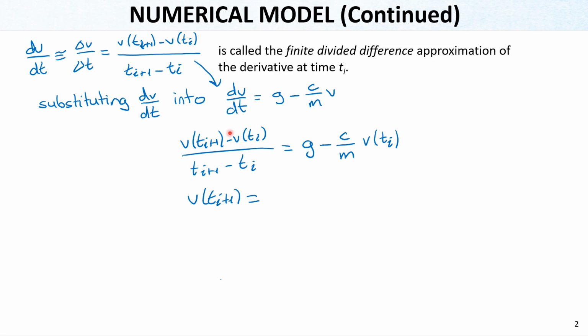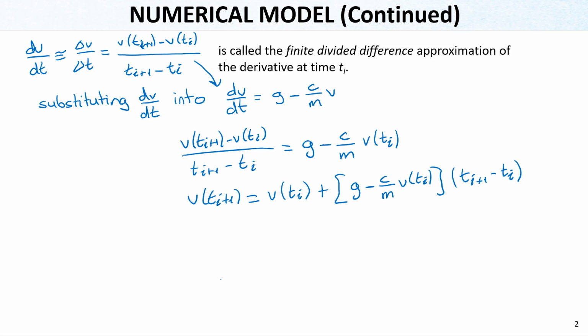Let's put this v of ti to the right side. v of ti plus this term on the right side still exists, v of ti, and we multiply this by the subtraction of ti plus 1 and ti to isolate v of ti plus 1.